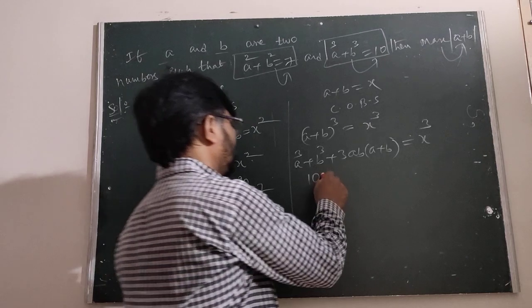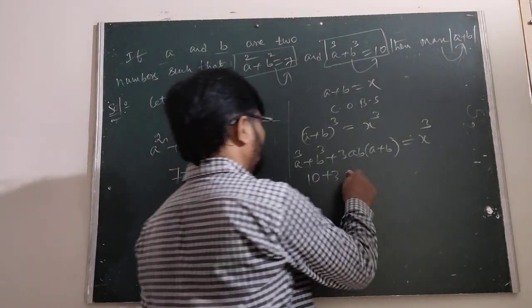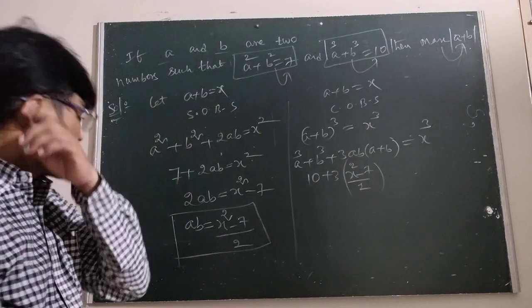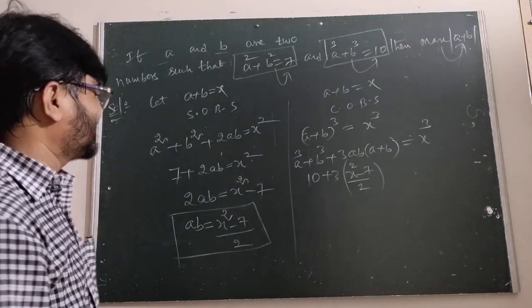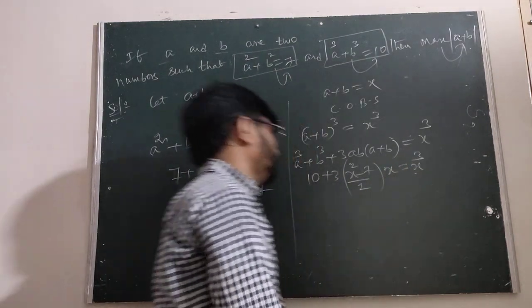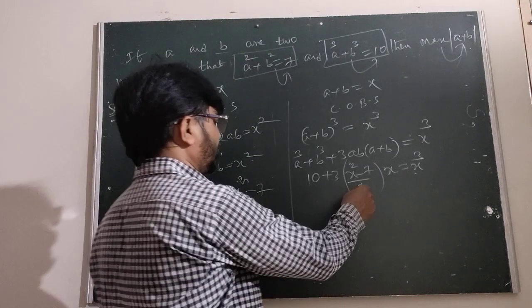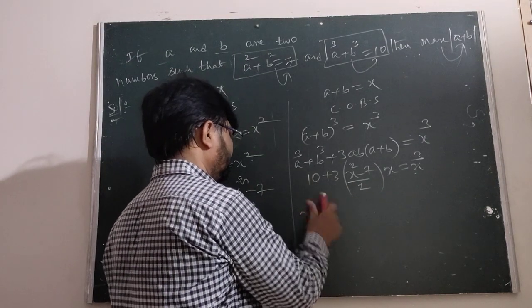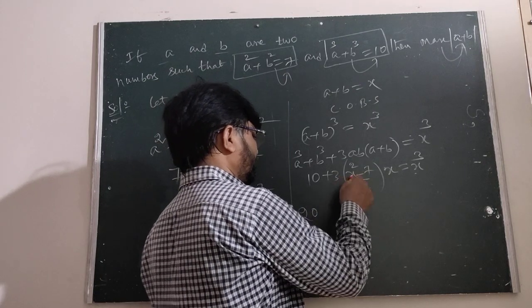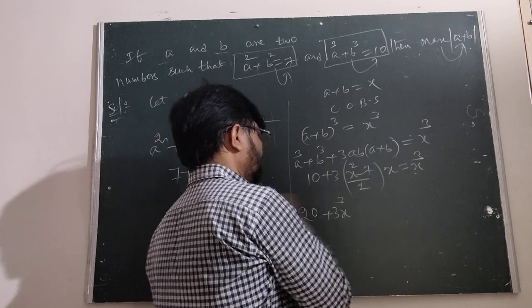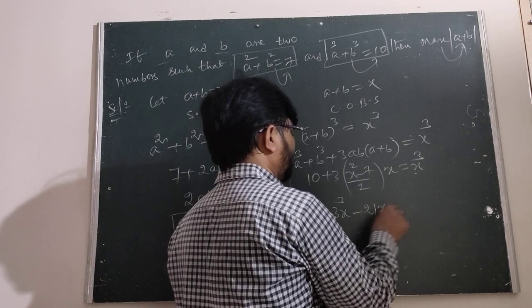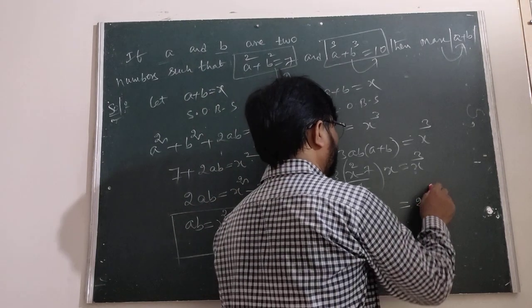Now this is 3AB, where AB is X square minus 7 by 2, into A plus B, which is X, equal to X cube. Now here the LCM is 2. That is 20. Now we can write 3X into X square is 3X cube minus 21 into X equal to 2X cube.